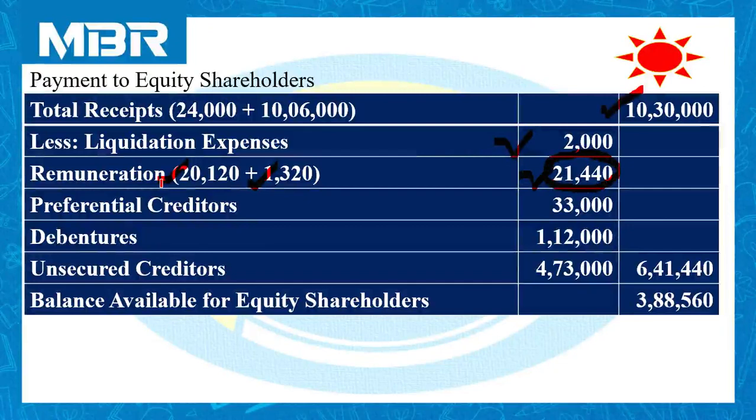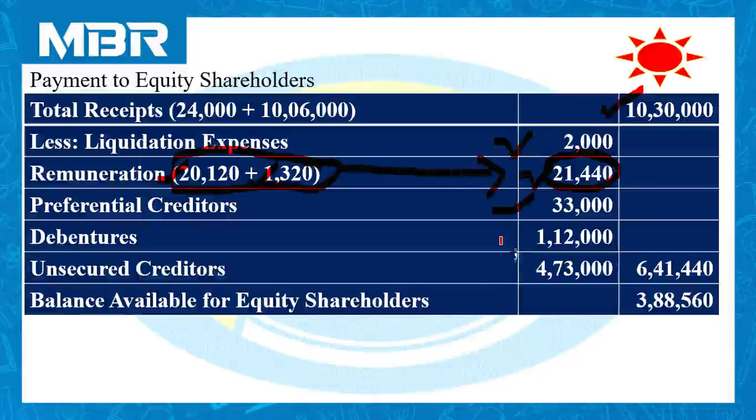Preferential creditors are 33,000, so 4% equals 1,320. So the total of 20,120 and 1,320 comes to 21,440.